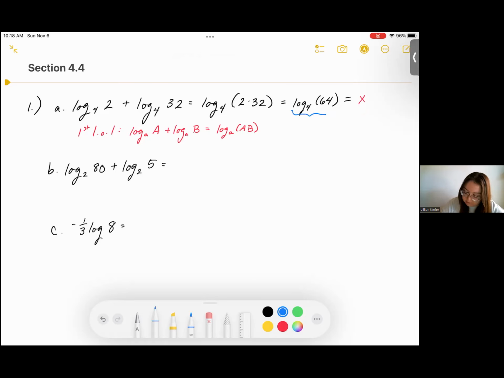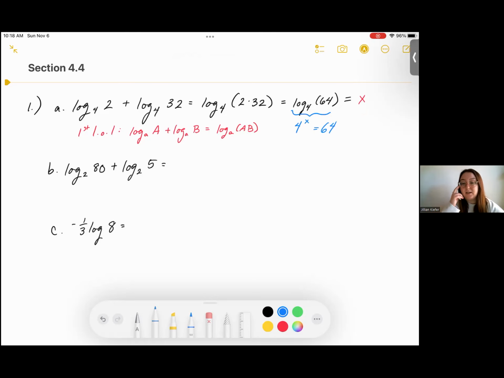If you have log base 4 of 64, this is essentially saying that the base of our exponent is the base of the logarithm, so 4, the result is 64, and x is the exponent. So this would be 4 to some power x is equal to 64. That is what the logarithm is really saying in exponential form.